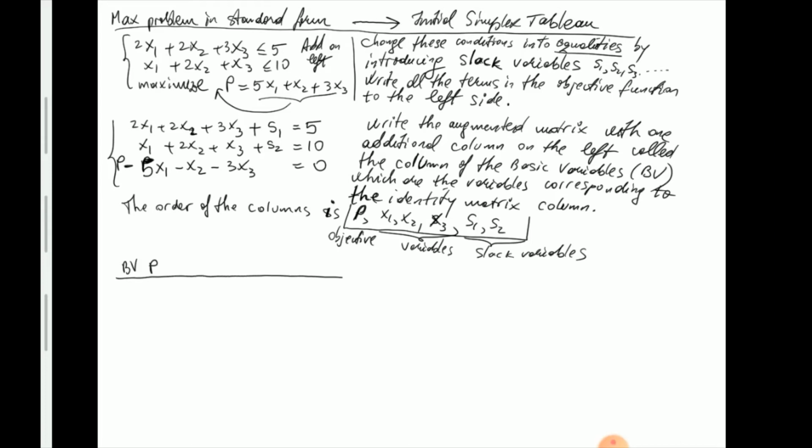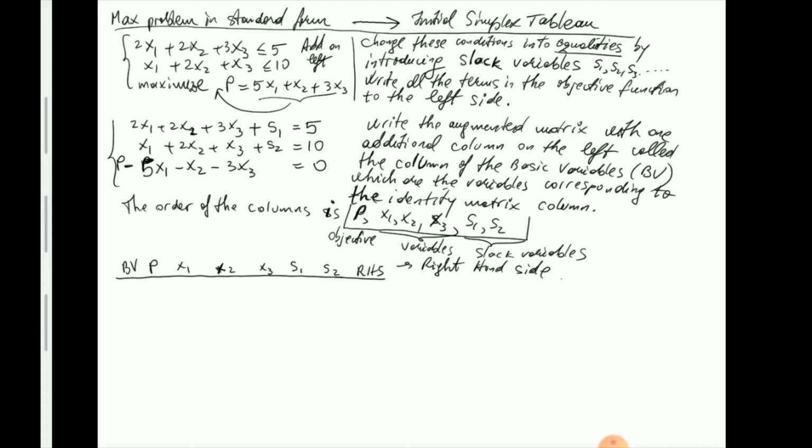So we're going to have the column for P, then x1, x2, x3, slack variables s1, s2, and then the right hand side of the system, which I'm going to label RHS. So this stands for the right hand side of the system. Later on you can skip these labels if you know what you're doing, but in the beginning go slow and make sure you arrange it nicely like that.